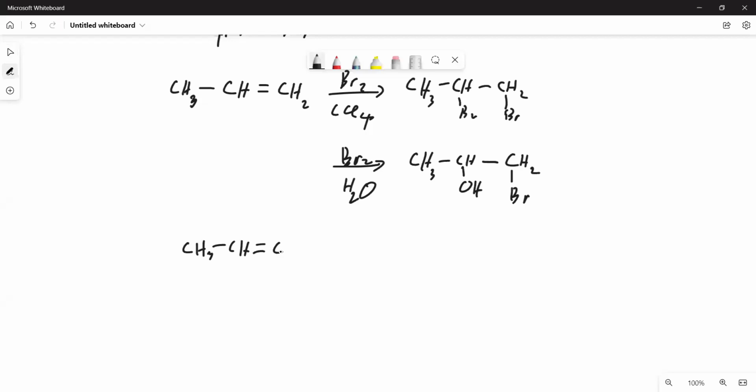So take note that your electrophile here is the Br+. So when you have the bromine, okay, the pi electron will interact with that, and this one will break away as Br-. So that's why your bromine is a Br+ electrophile.